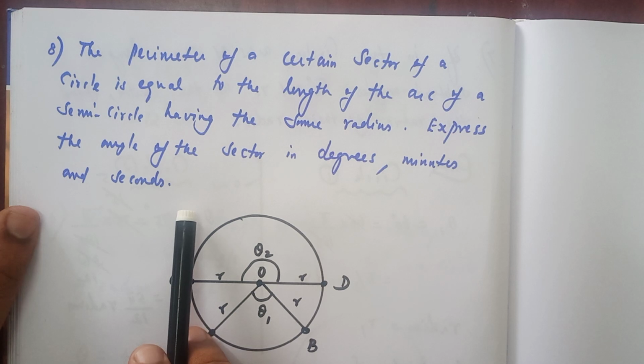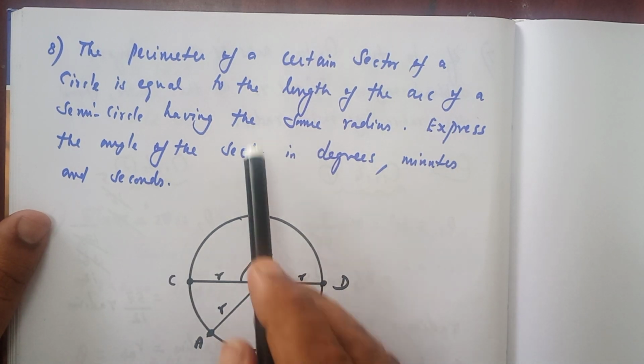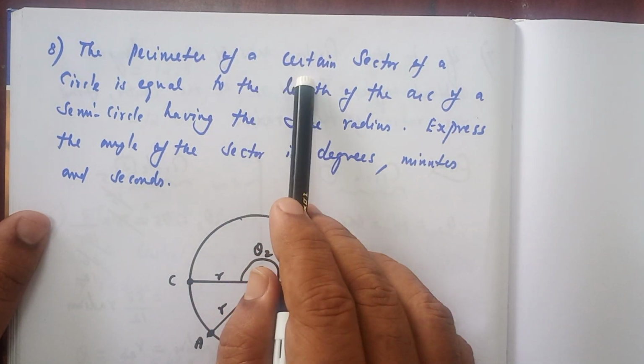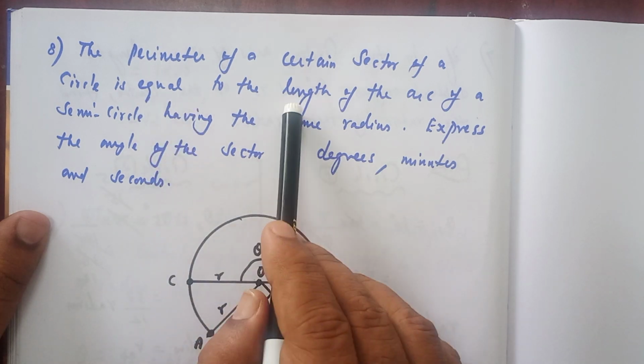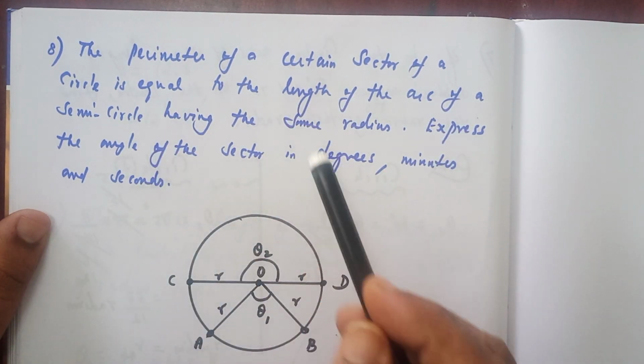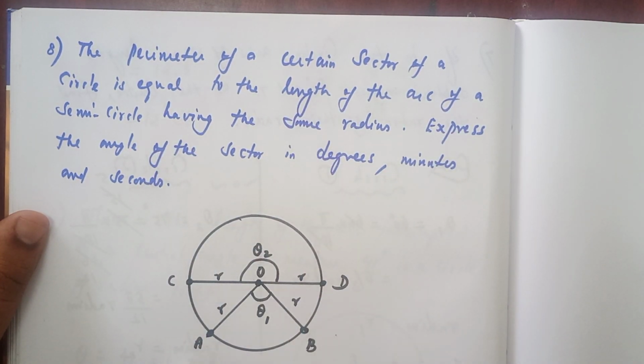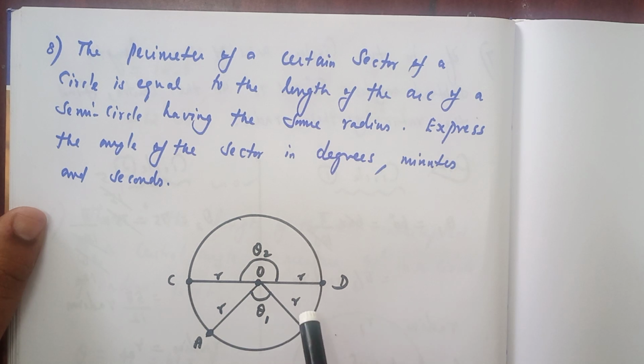Here is the question. The perimeter of a certain sector of a circle is equal to the length of the arc of the semicircle. I considered this circle, let R be the radius of the circle, let O be the center. I consider this sector OAB.